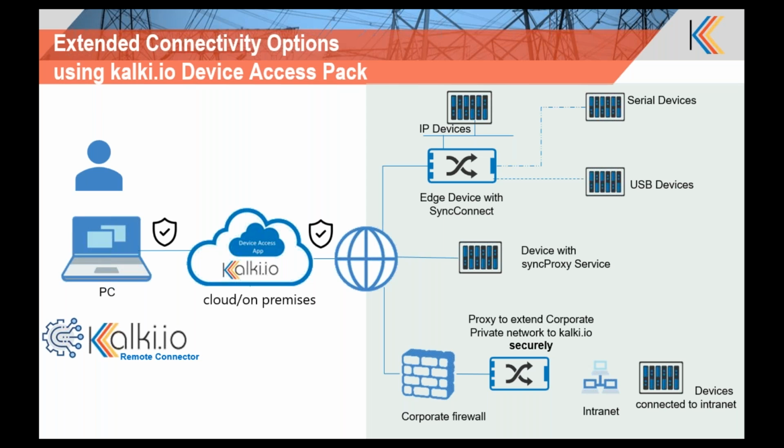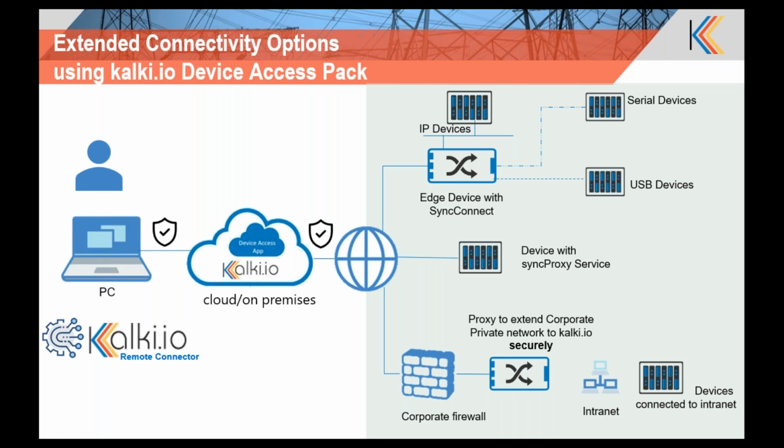The second private deployment option is that the customer provides the hardware, the servers to be installed on. We install Kalki.io on premise on that hardware and deploy it on the customer premises.